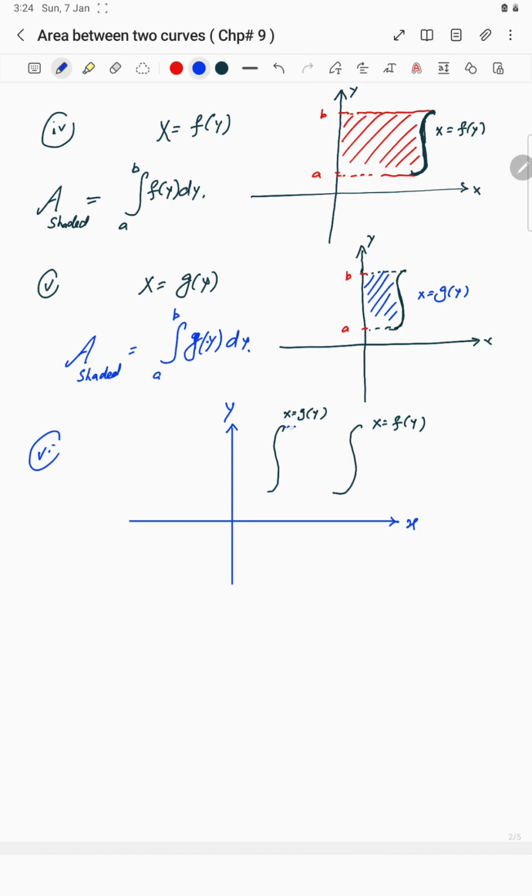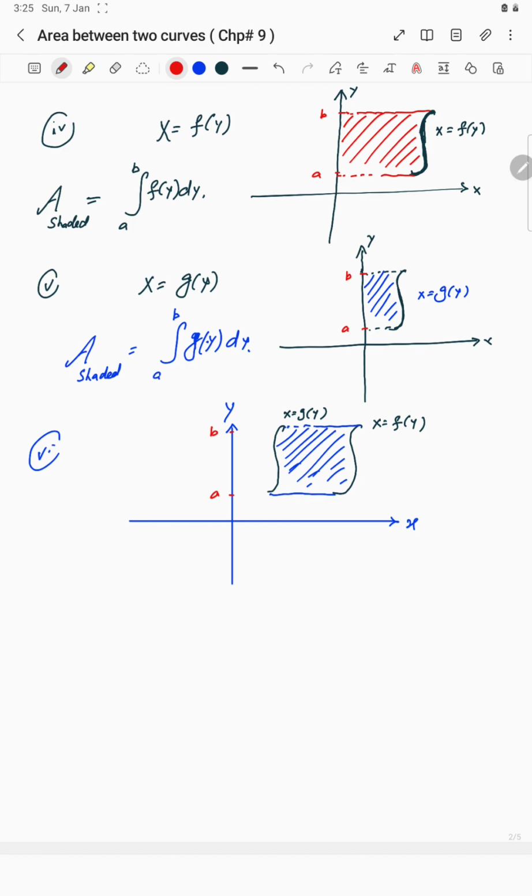The confined region between the two curves is this, and we are interested to find this area. The limits, you can say, are a and b as well.